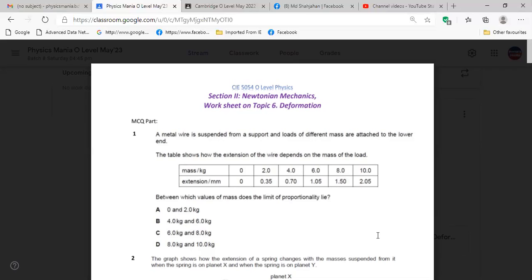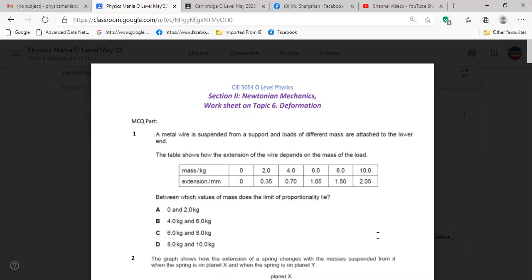It is the place where we are not getting the proportionality. That means in this place we are crossing the limit of proportionality, right?